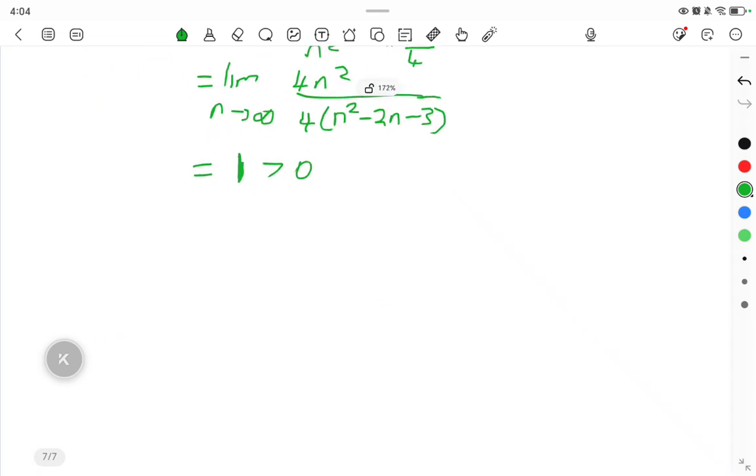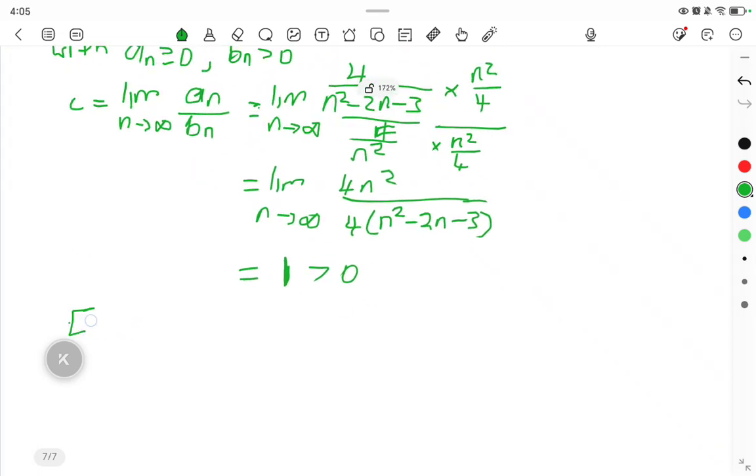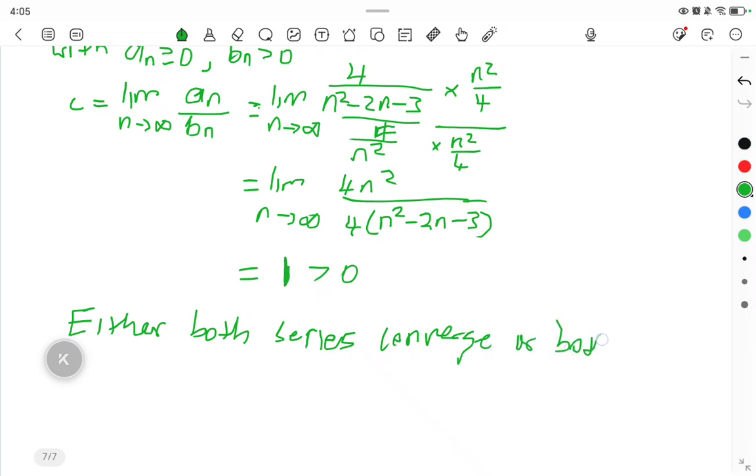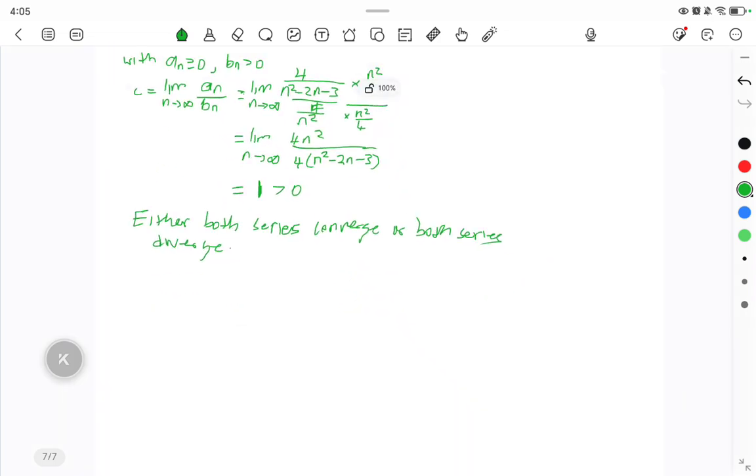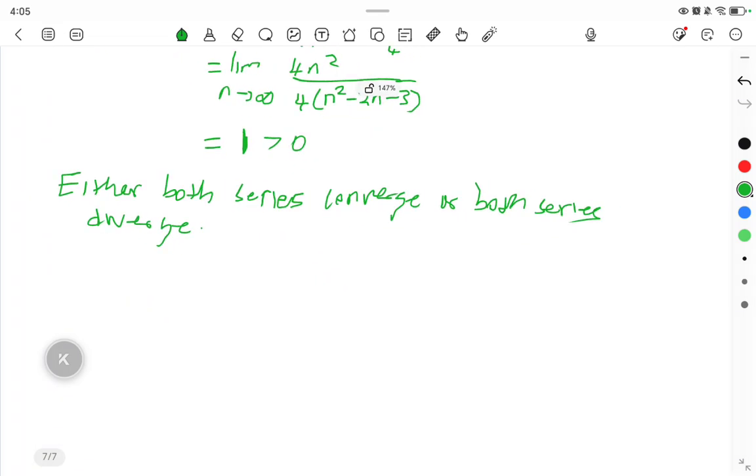So if this is greater than 0, the limit comparison test says that either both series converge or both series diverge.